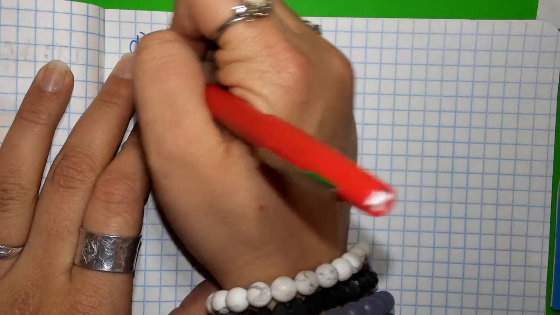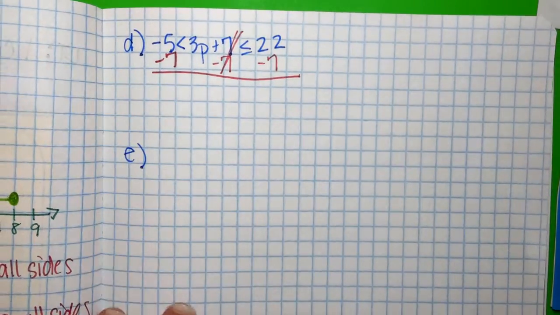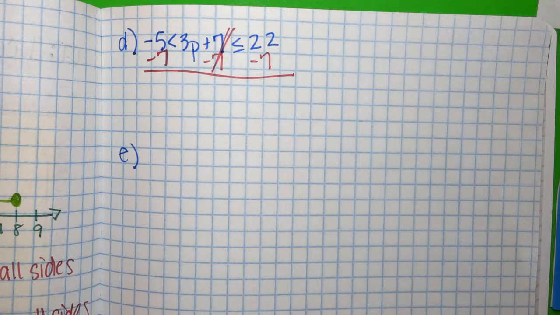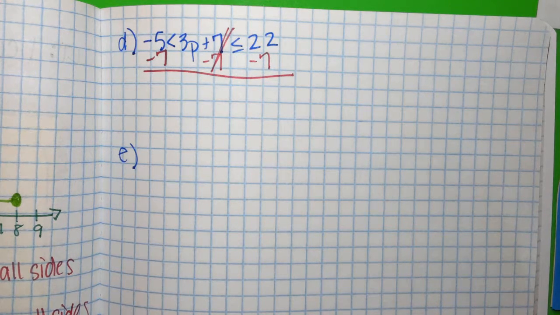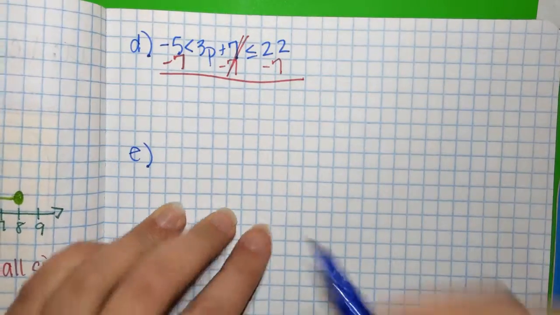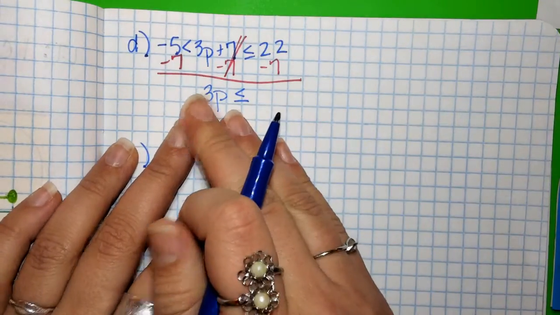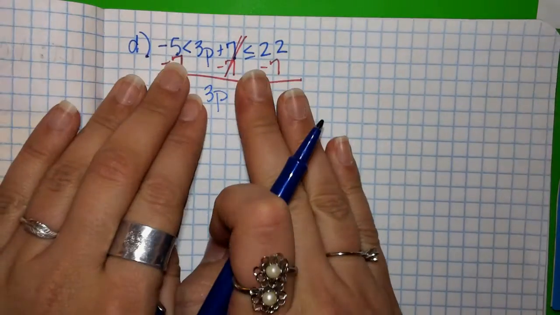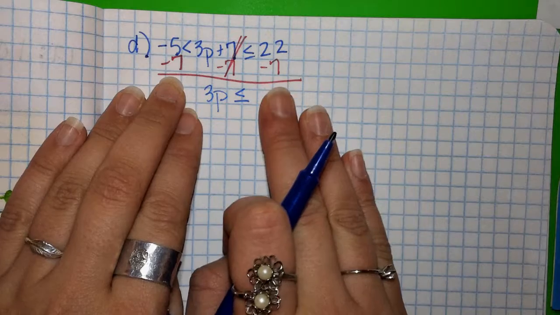Awesome. So remember, we need 3 places where we subtracted 7. If you made a mistake, fix it in marker, guys. Now remember, you have to subtract it from all sides because it's 2 inequalities. It's 2 separate problems, so you have to subtract it from all sides.